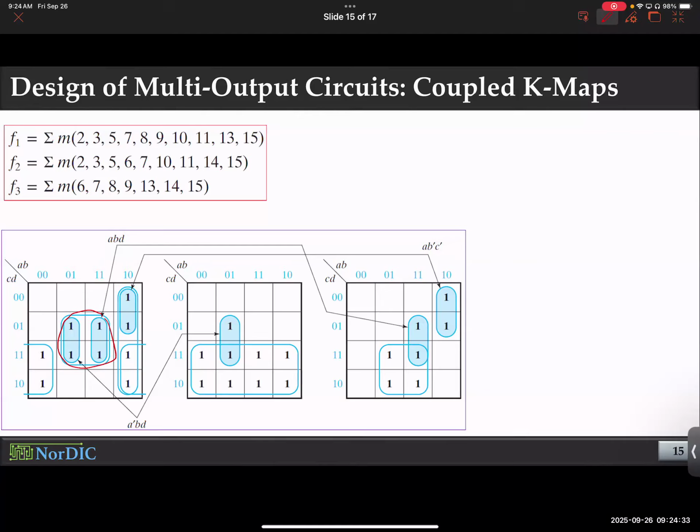So similar to that. Does that make sense, folks? So notice that it completely changes your perception towards design. You don't just go for the most optimized K-map output. You go for the most sharing. That is the important factor. So that's what I mean by coupling K-maps.